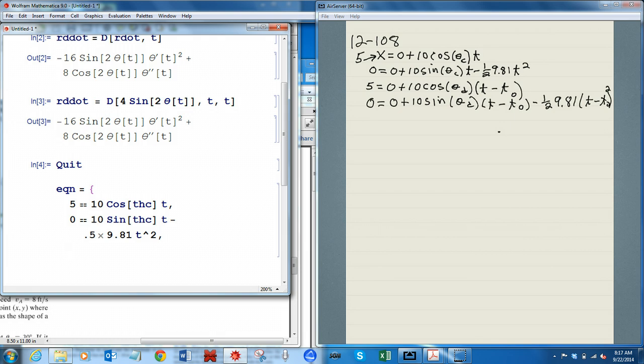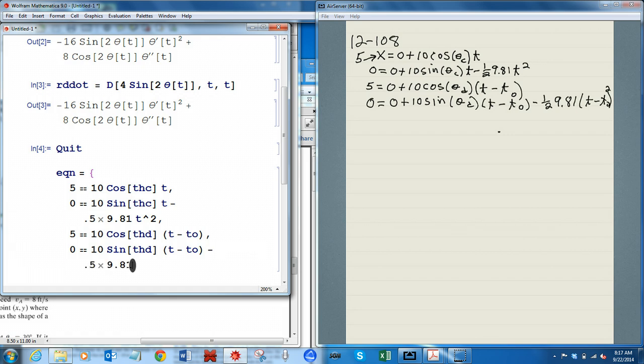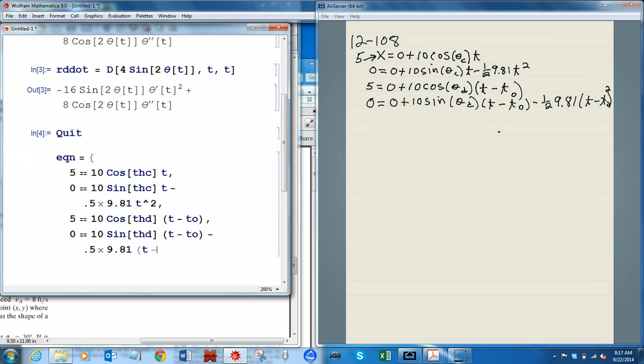And third equation, 5 equals 10 cos THD times t minus T0. And then the last one would be 0 equals 10 sine THD times t minus T0, minus 1/2 9.81 t minus T0 squared.